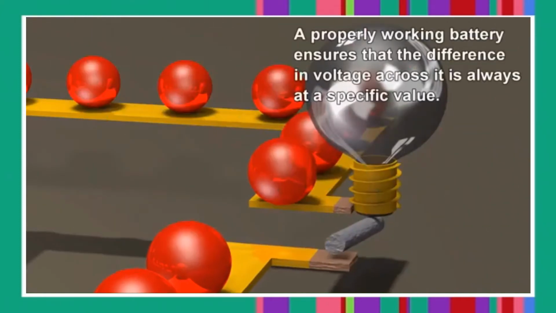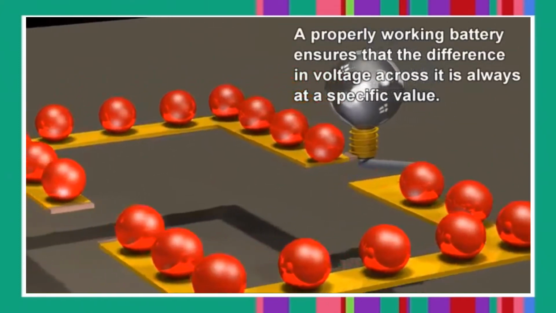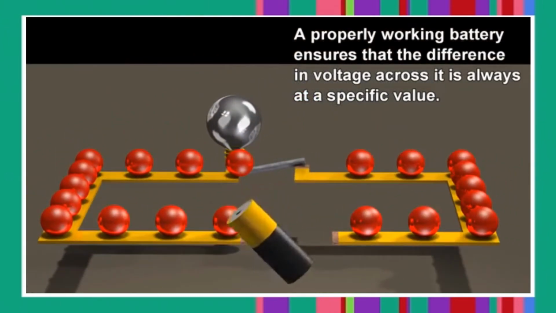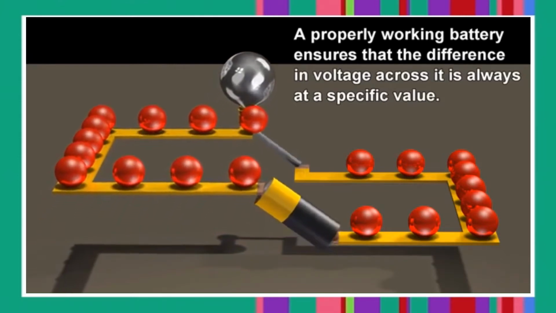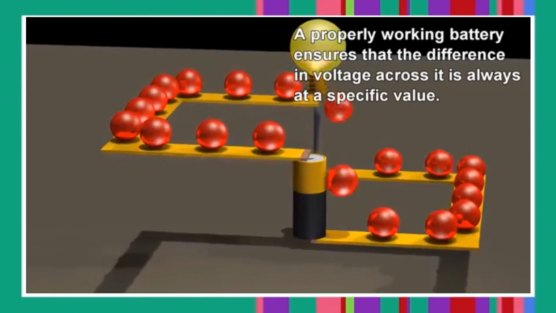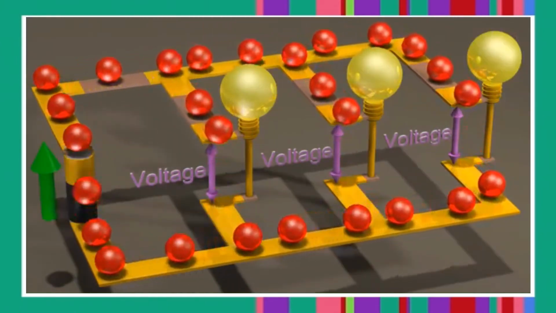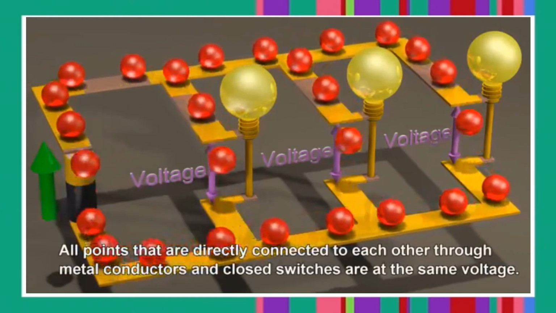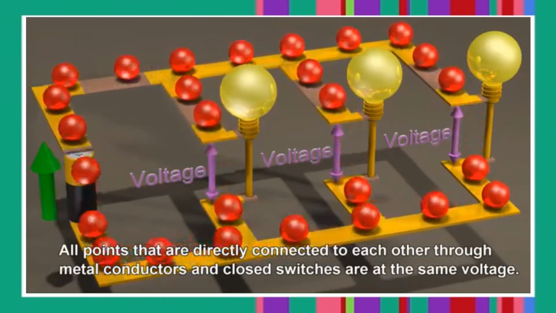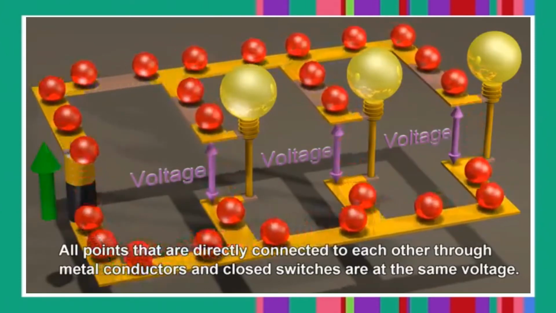A properly working battery ensures that the difference in voltage across it is always at a specific value. All points that are directly connected to each other through metal conductors and closed switches are at the same voltage.